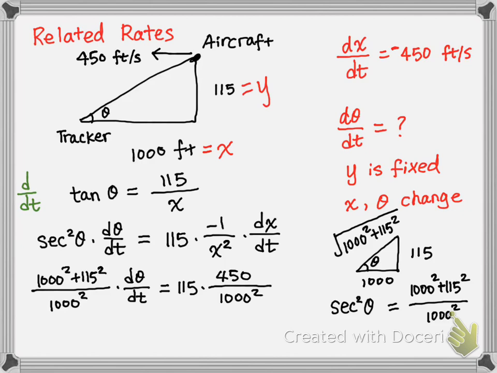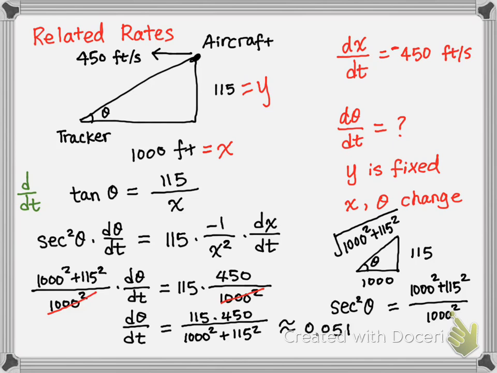Then you multiply 1,000 squared on both sides, and you solve for d theta over dt. It is just 115 times 450 divided by 1,000 squared plus 115 squared. Then you use a calculator to calculate. This is approximately 0.051 radians per second.